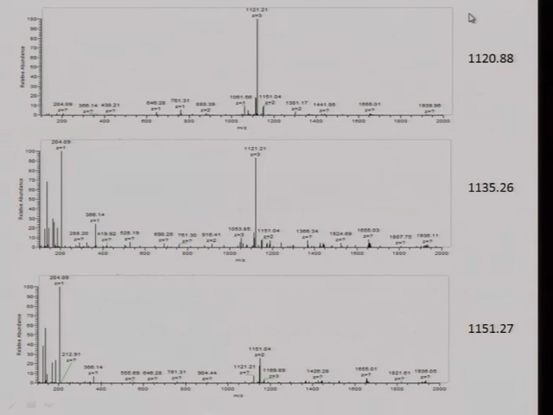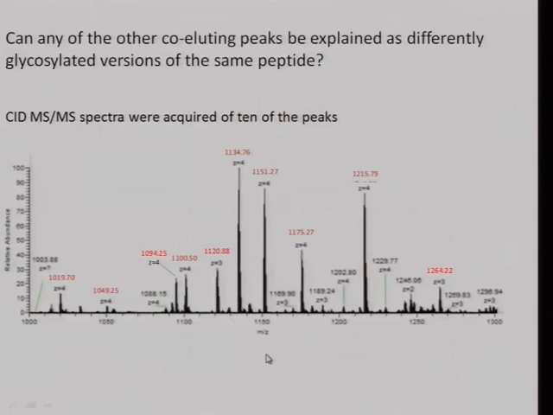The top one, I think everyone's probably going to agree, is the same peptide again because we've got this big 1121. So this 1120 peak only had 3 charges, so this is actually quite a bit smaller peptide. The mass of this is going to be 1120 times 3, take 3, roughly 3,360.